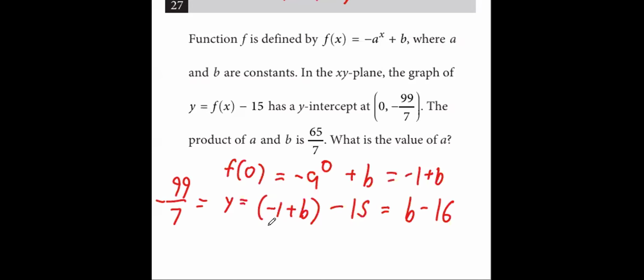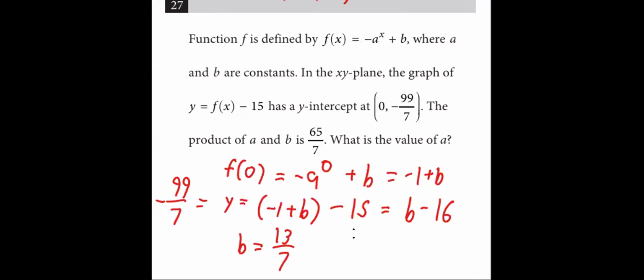So now we have to solve for b. We add 16 to both sides to get b. So negative 99 over 7 plus 16 should get us b is equal to 13 over 7. And then after that, we're given the product of a and b is 65 over 7.